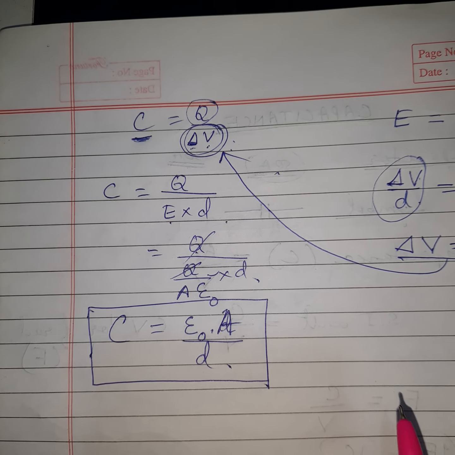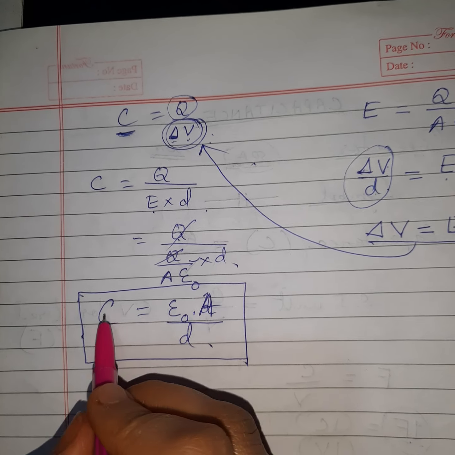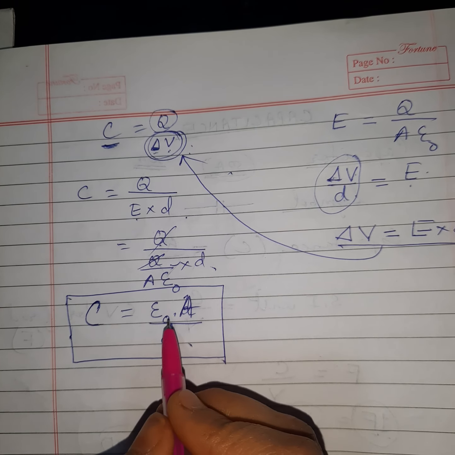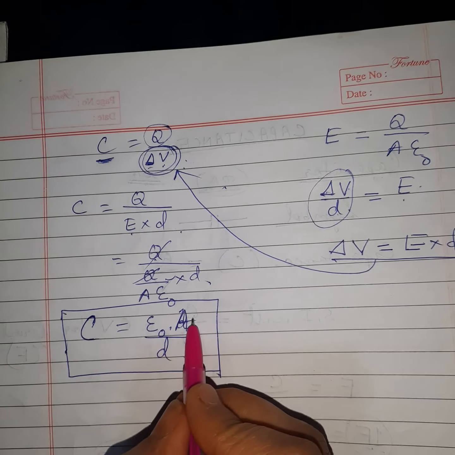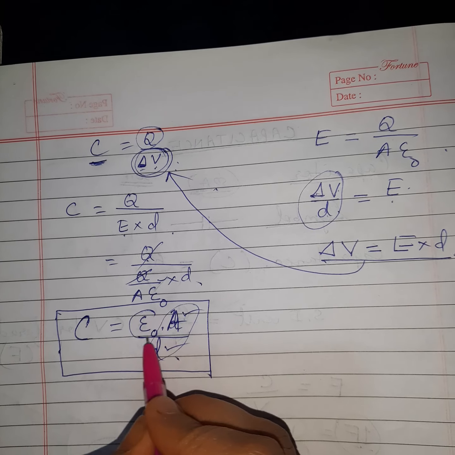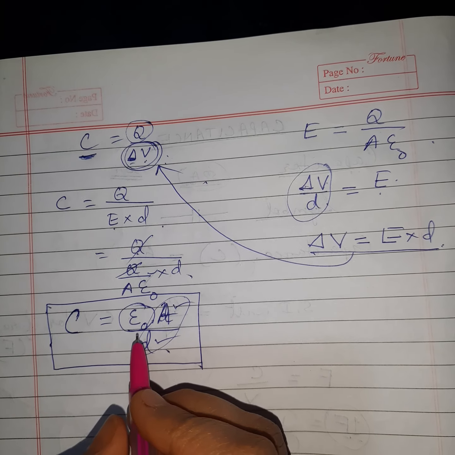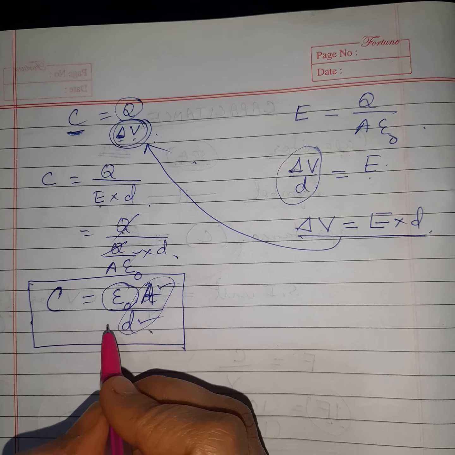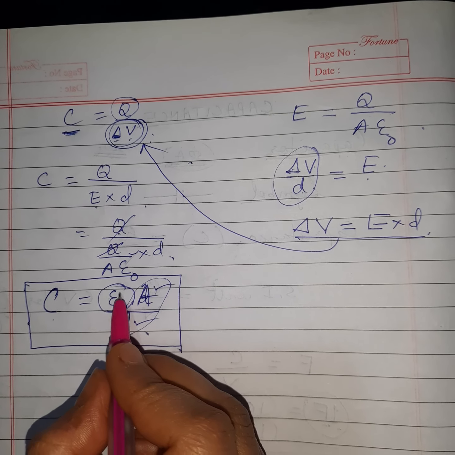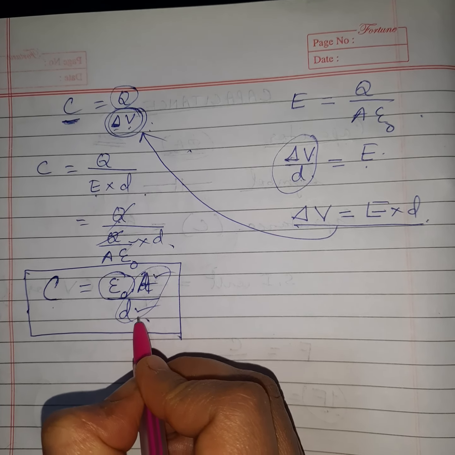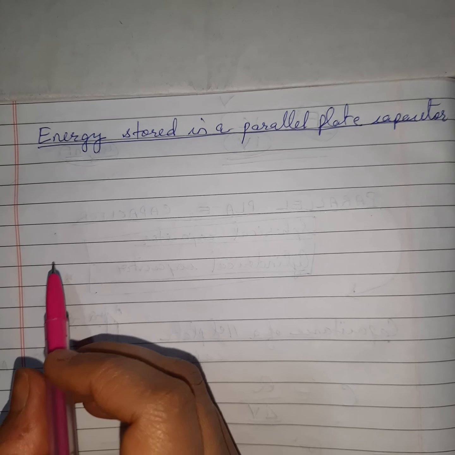From the expression, you can see that the capacitance of a parallel plate capacitor, or any capacitor, solely depends on the dimensions, that means the area and the distance between the plates, which is fixed while designing, and epsilon naught, which relates to the medium in which the two plates have been kept. So there are three factors which decide the capacitance: the medium, the area, and the distance between the plates.